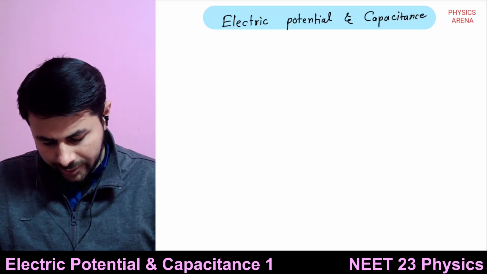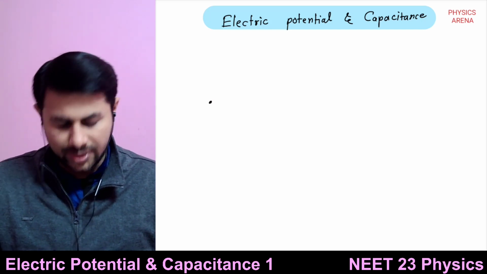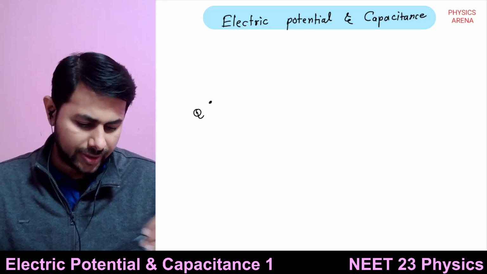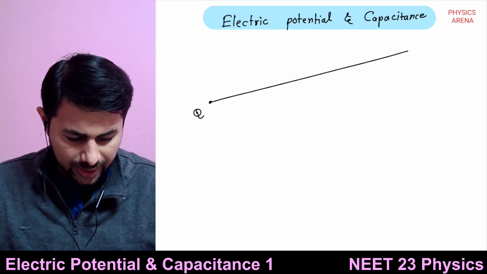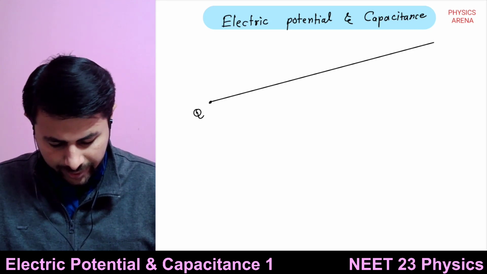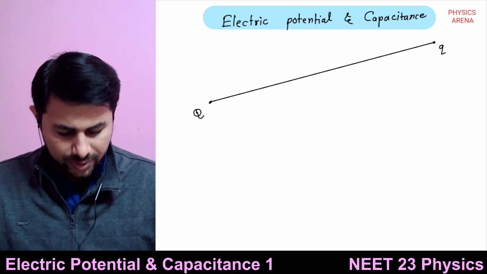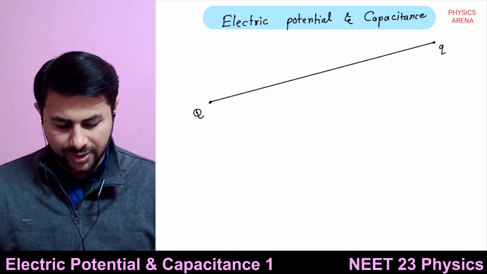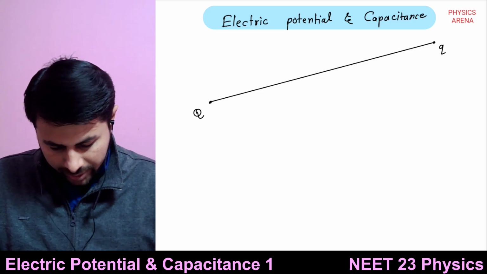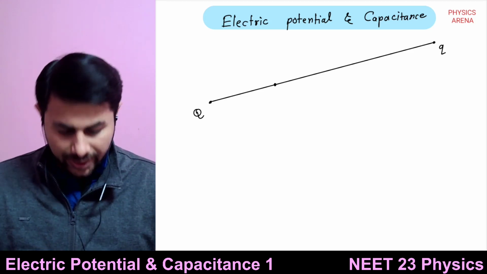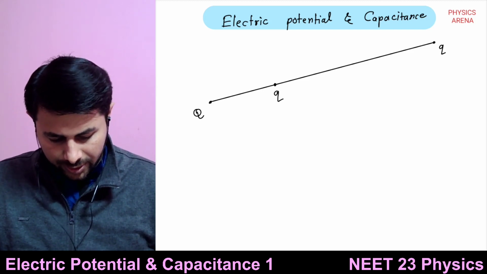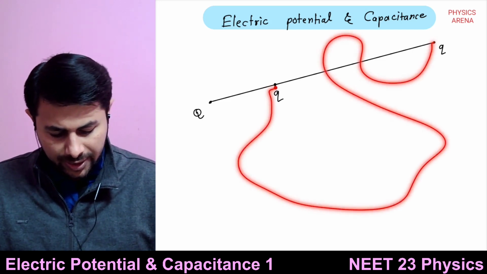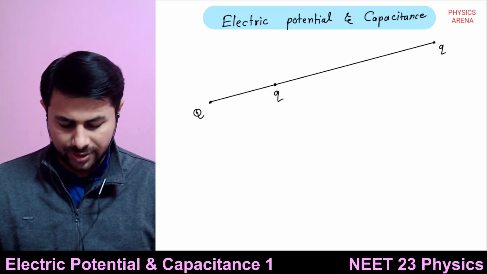Let's suppose we have this charge, let's call it capital Q, and suppose there is some other charge, small q, at a very large distance away, suppose at infinity, and you bring that charge from infinity and keep it at some distance, let's call it distance r, away from point charge capital Q. The path doesn't matter, and you keep it ultimately at this much distance.